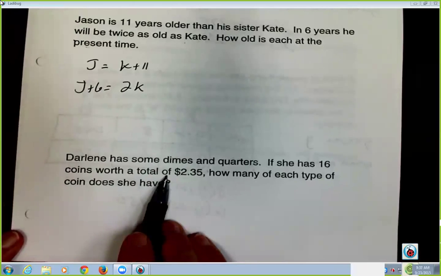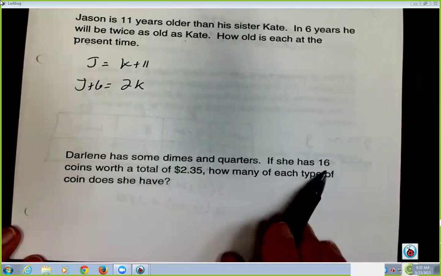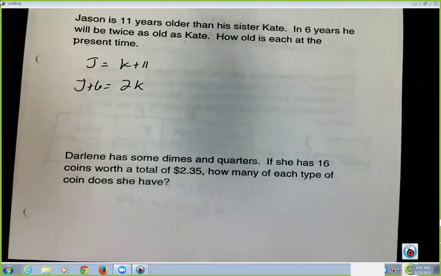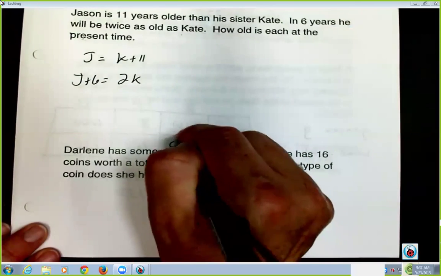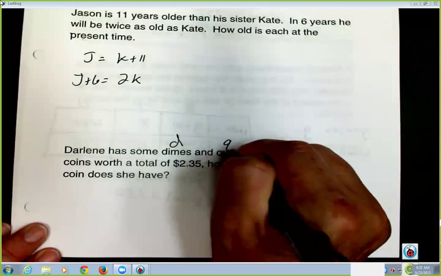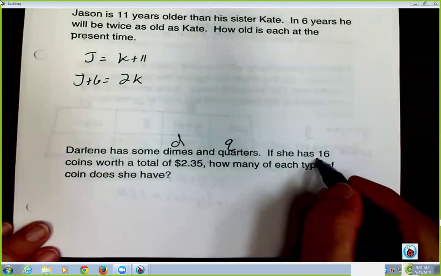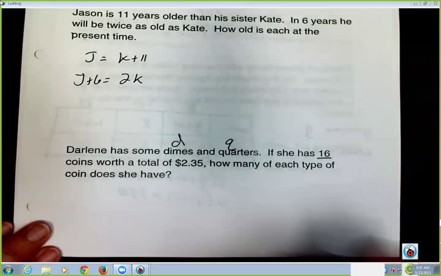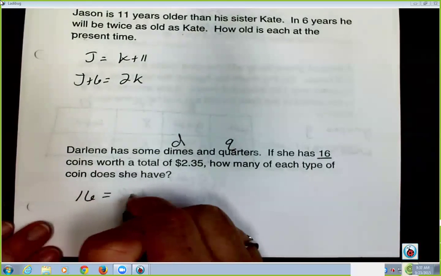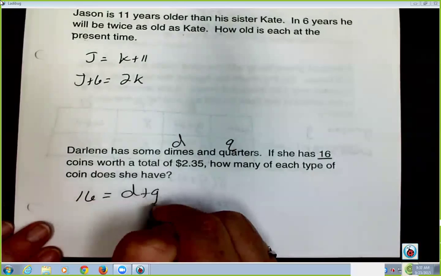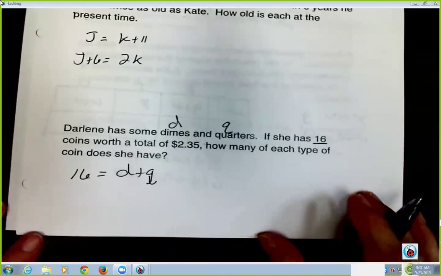Darlene has some dimes and quarters. If she has 16 coins worth a total of $2.35, how many of each type does she have? So dimes and quarters, so we got D for dimes, Q for quarters. This one's a little different than the example before because we know how many coins she has. So 16 is equal to dimes plus quarters.